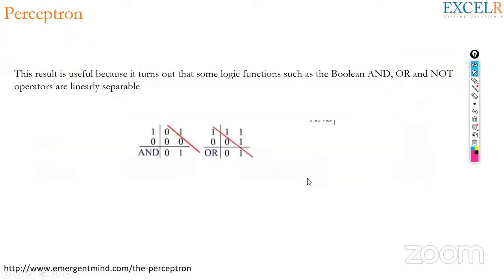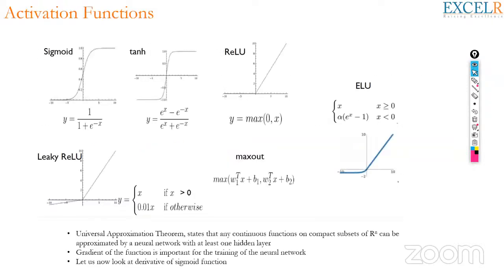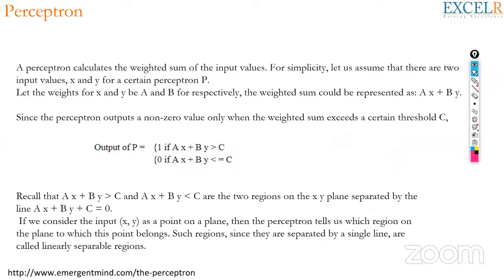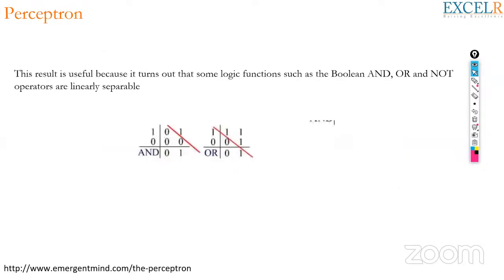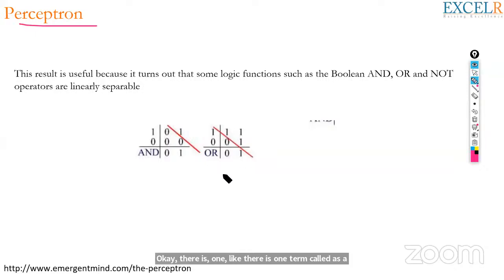Okay, there is one term called a perceptron. Perceptron is the simplest neural network. It is one of the earliest and simplest neural networks.